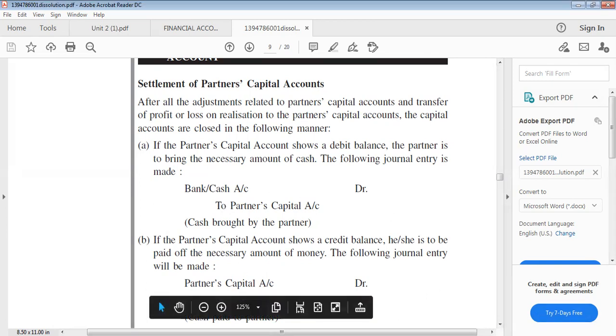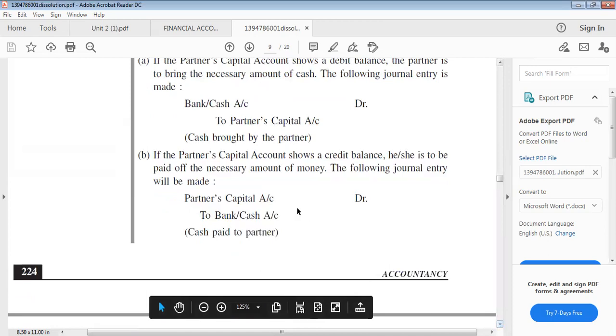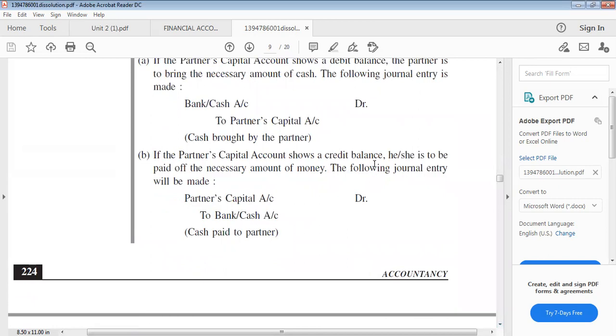Cash brought by the partner. If the partner's capital account shows a credit balance, he or she is to be paid off the necessary amount of money.